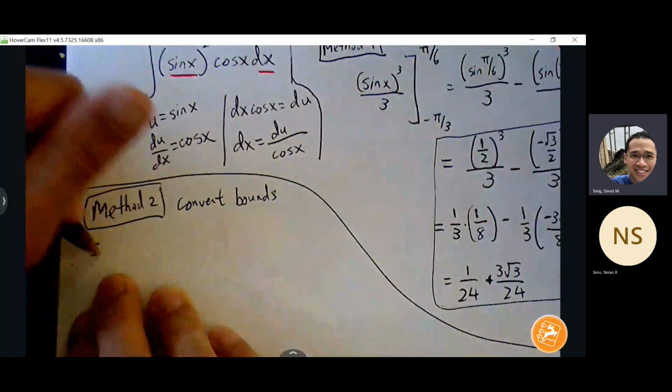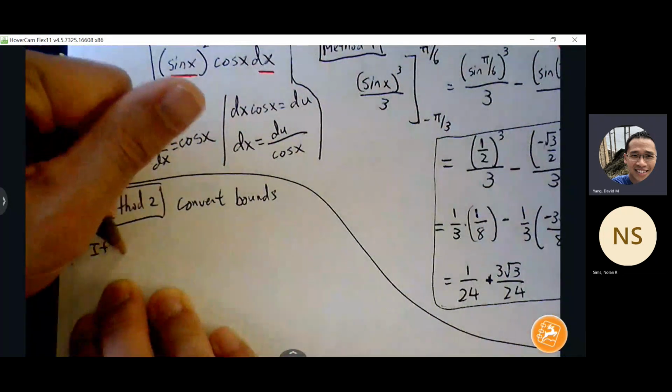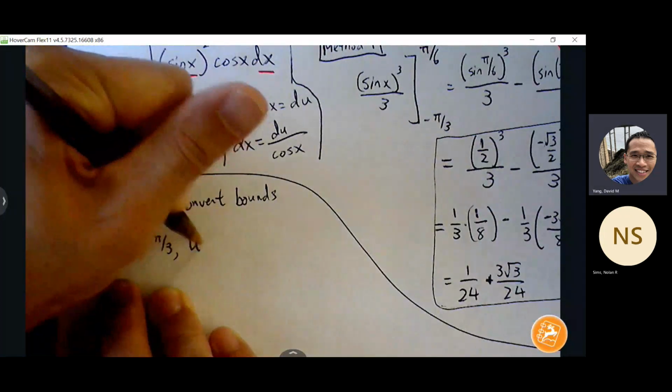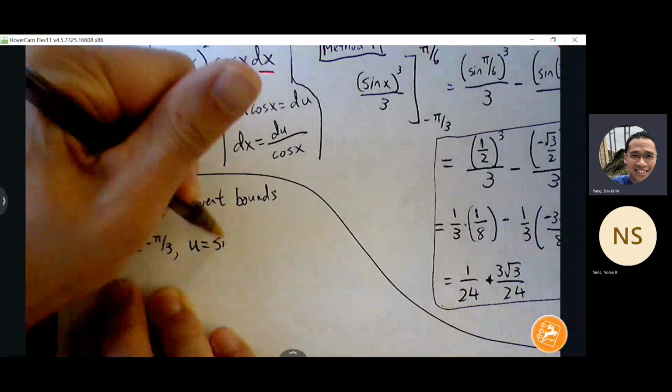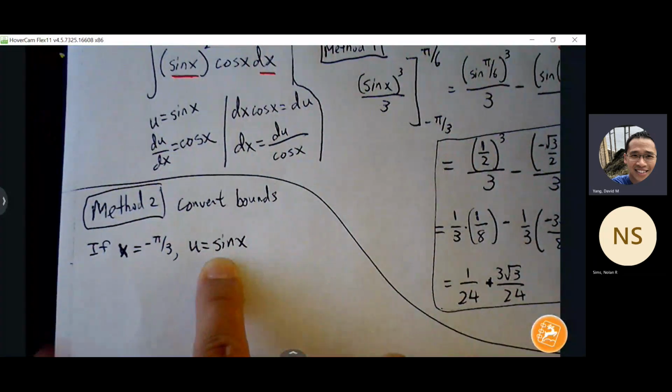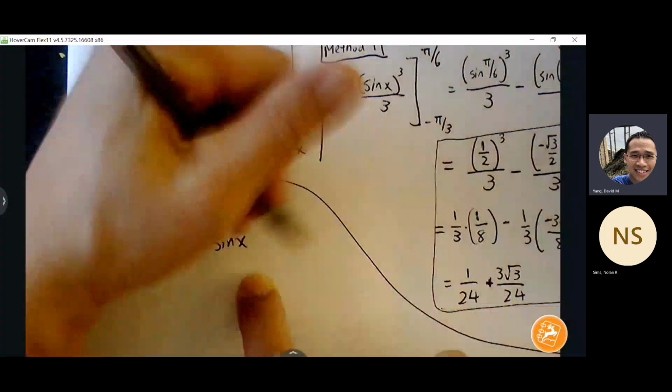Okay, so my initial u value lower bound is if x is equal to negative pi over 3, then u is equal to sine of x, right? Because that's the assigned relationship between u and x. So I plug negative pi over 3.